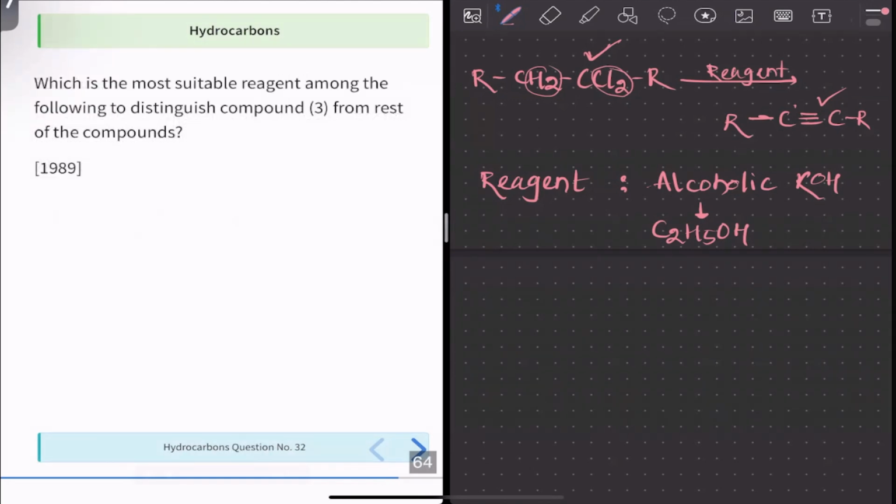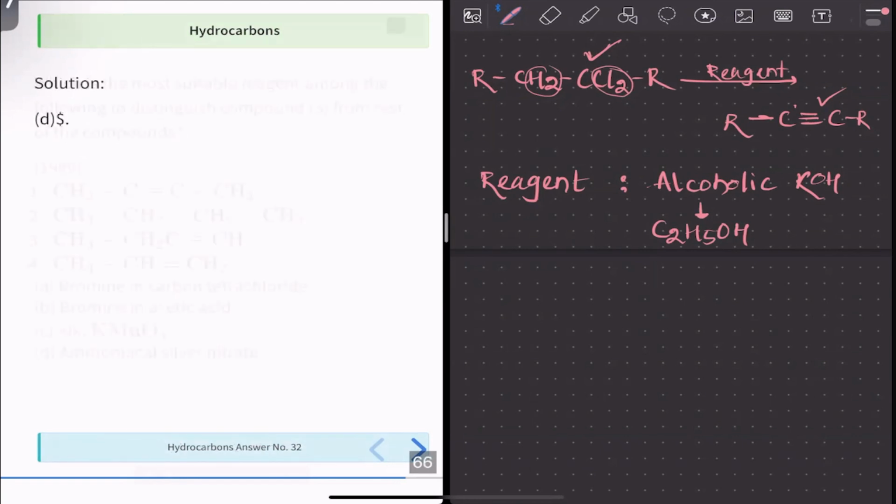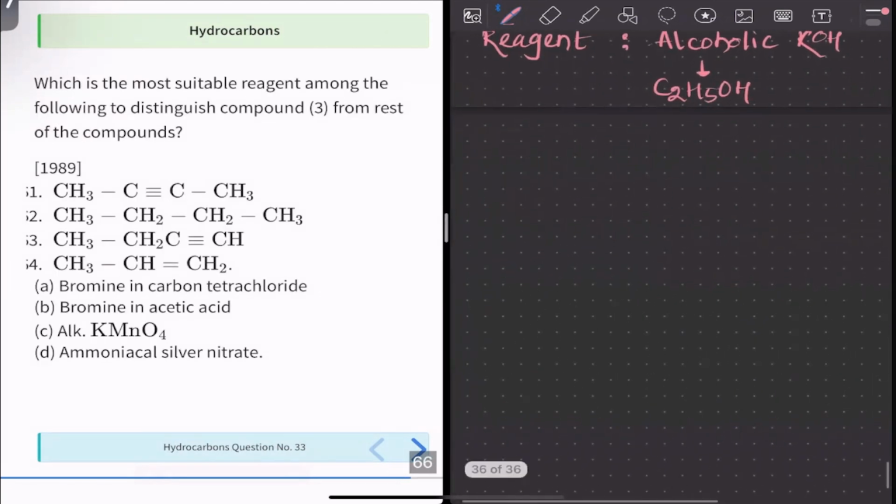Let's move on to next question. Which is the most suitable reagent among the following to distinguish compound 3 from the rest of the compounds? The options are not given, so it is an incomplete question. So we'll leave it. Let's move on to question number 33.